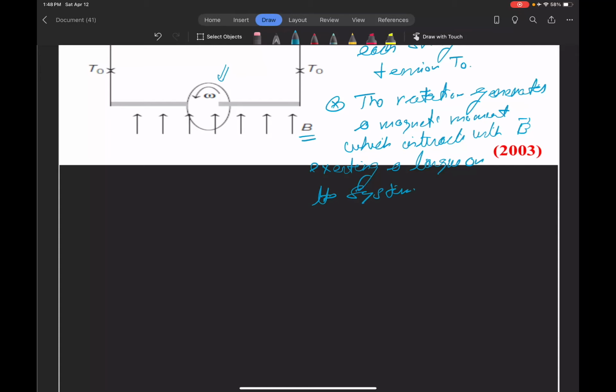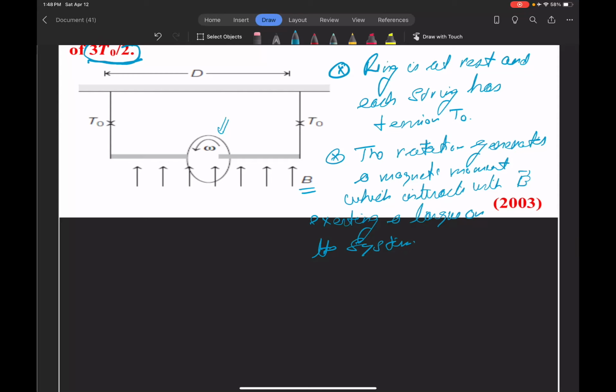So as it is going to exert a torque, the tension in the strings, which was initially T naught in both, is going to change. On one side it will be higher, and on the other side it will be lower because of the rotation.